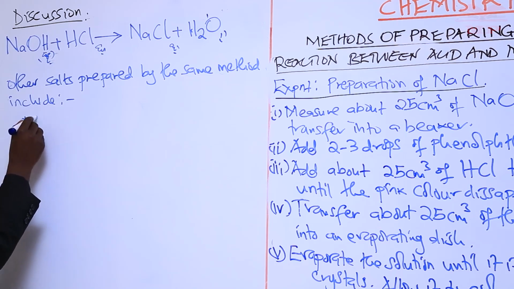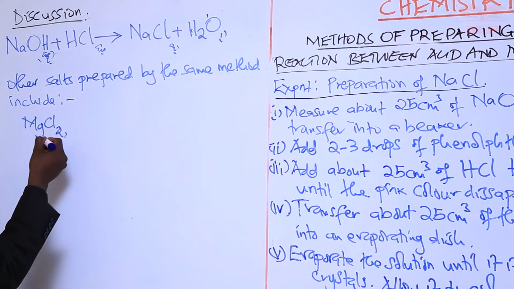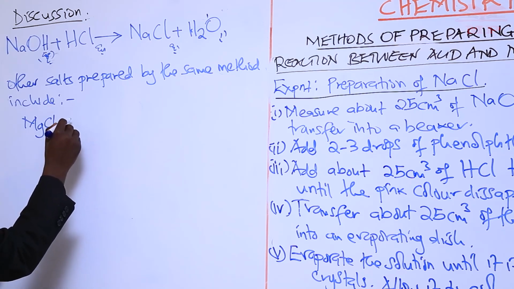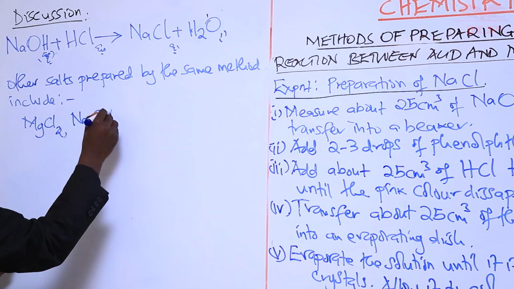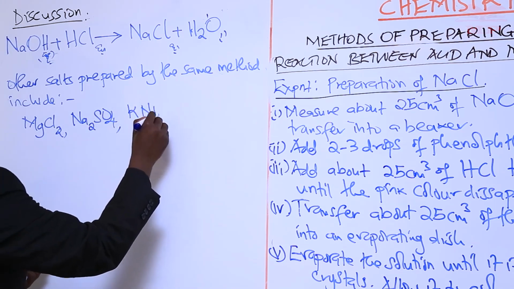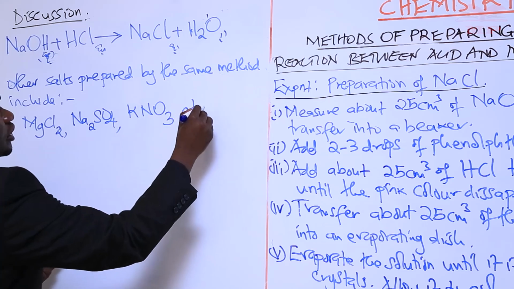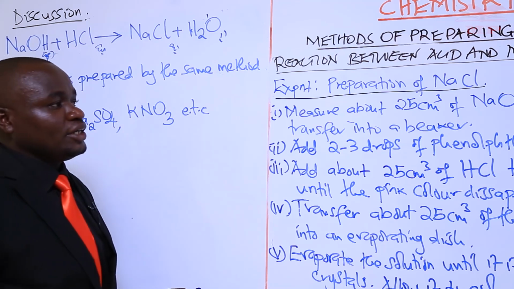We have salts like magnesium chloride, sodium sulfate, potassium nitrate, etc. So let us see how they are prepared using equations.